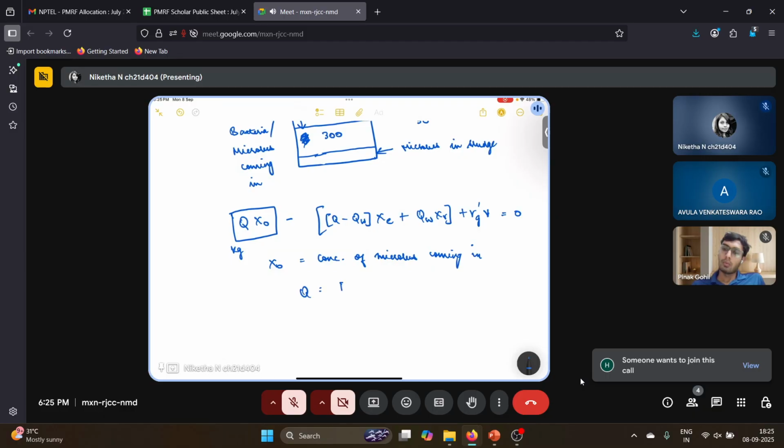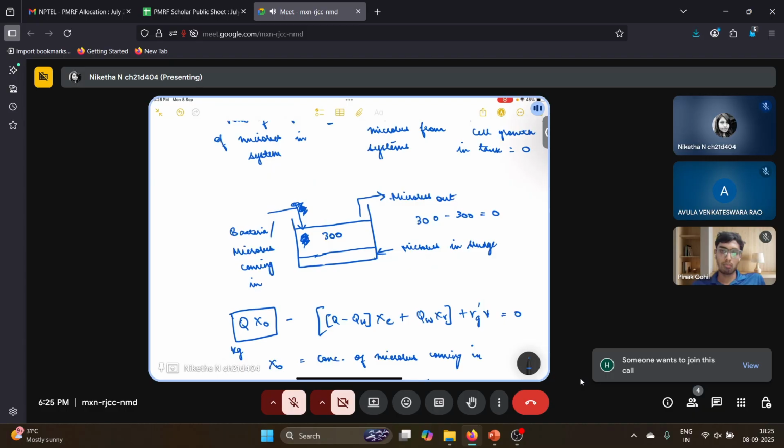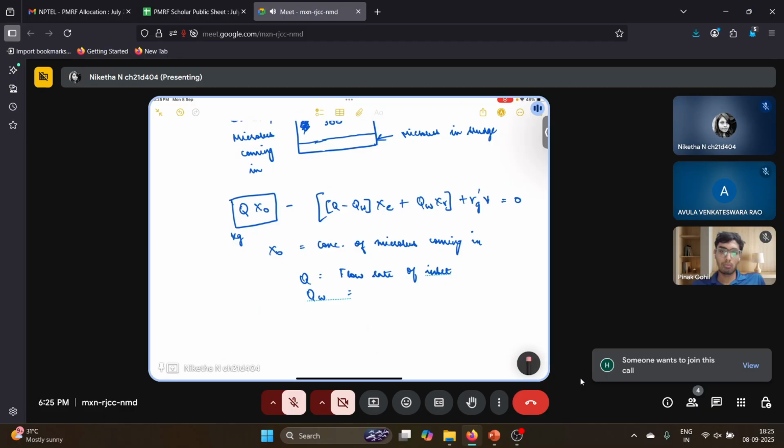Q is the flow rate of inlet, and QW is the flow rate of microbes to be wasted. The flow rate of microbes to be wasted is nothing but how much of the microbes are exiting out of the tank. So that is QW.